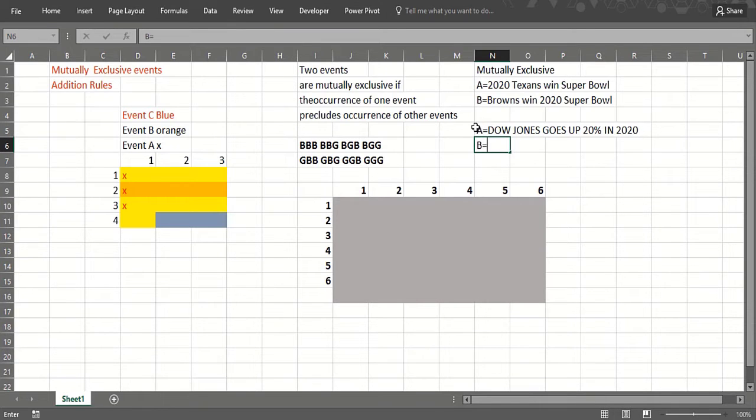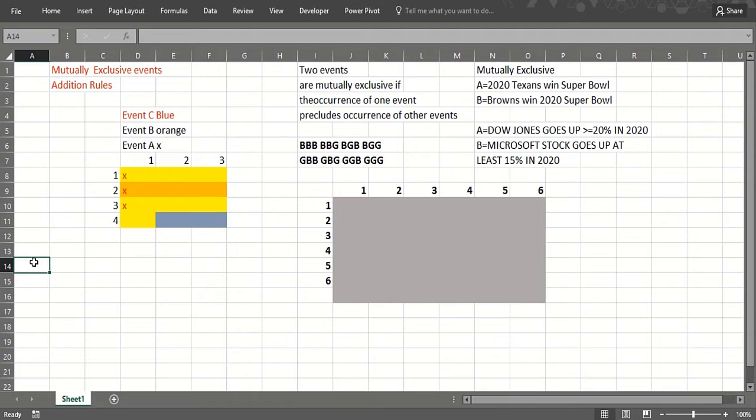And event B, Microsoft stock goes up at least 15% in 2020. Well, those could both happen. I mean, the Dow could go up 30% in 2020 and Microsoft could go up 20% in 2020. So they could both happen.